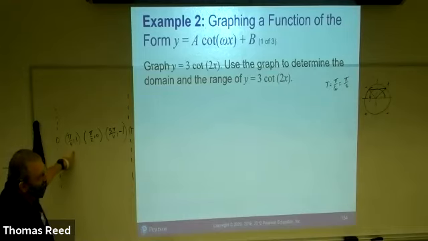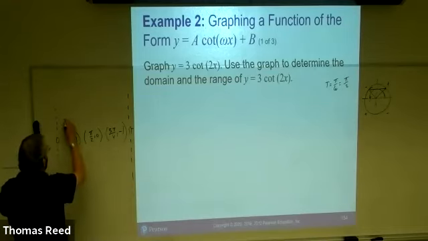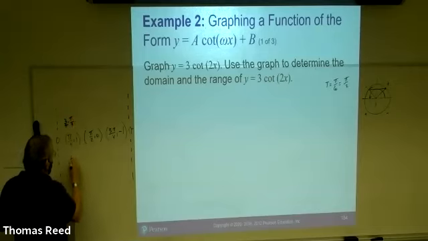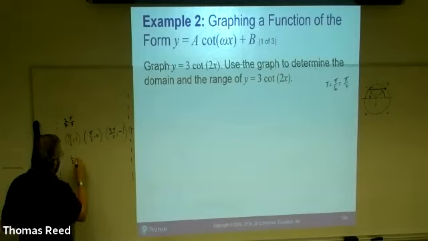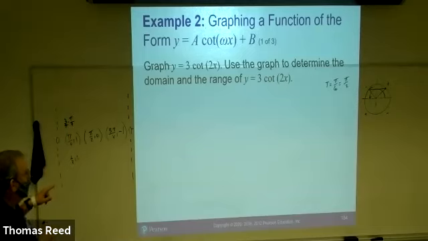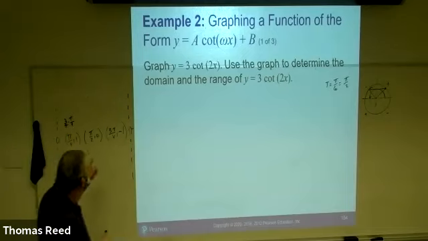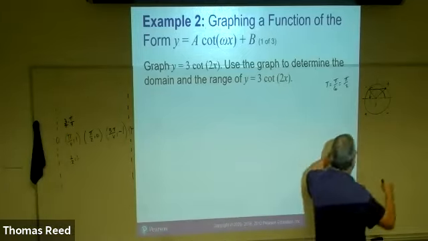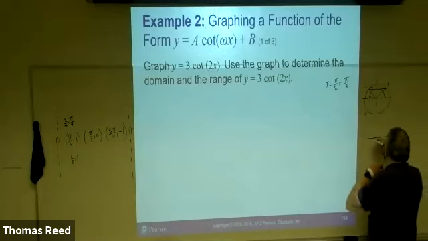So that means I'm multiplying by 2 over pi. Let me do it this way. Go back to my number 1, right?